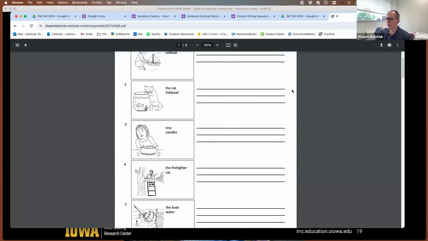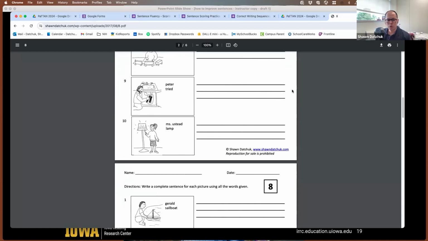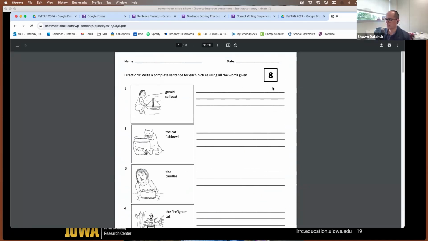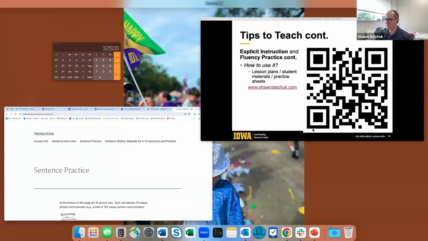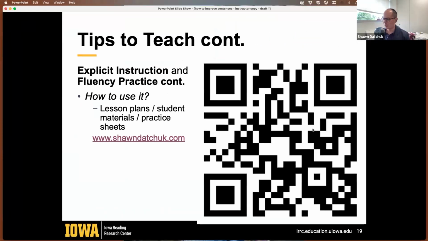If you click on that, here would be 10 different picture word prompts that you can use during practice. Again, these are free on my website. When you click on the link, you won't see something that says, what's your credit card number or anything like that. It's just available for free. But as we go through today's presentation, I'd encourage you to take a look at the website and interact with some of the items on there.